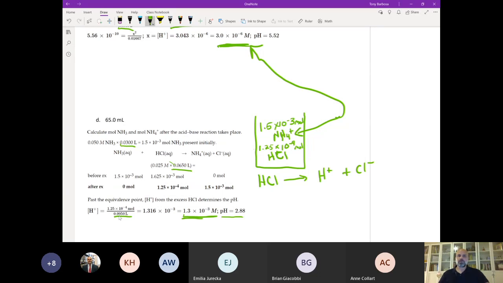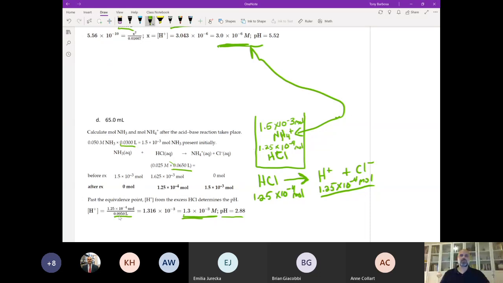So the number of moles here, 1.25 times 10 to the minus 4 moles, is going to be exactly equal to the number of moles of protons, because it's a single-headed arrow. We have a complete conversion over to H plus. So we don't need a Ka because it's complete dissociation.